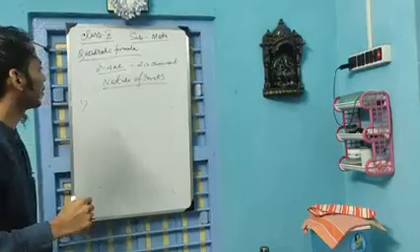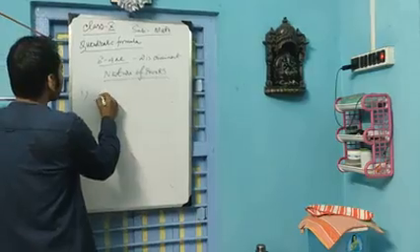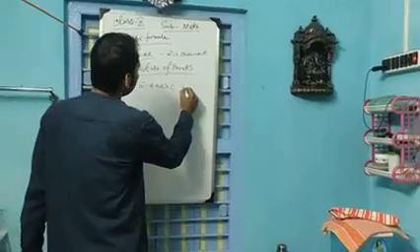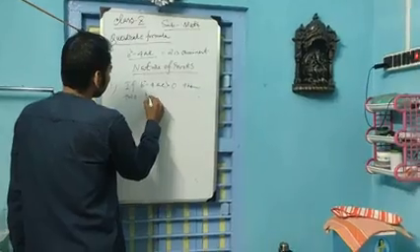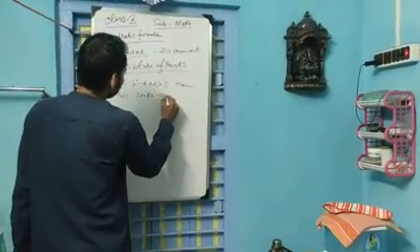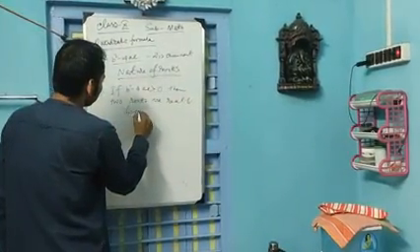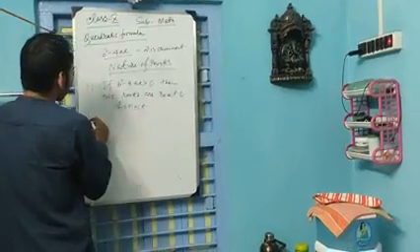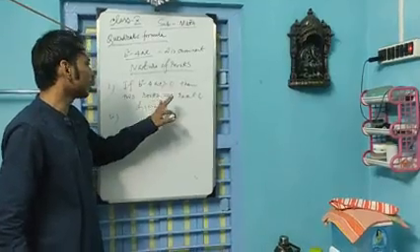I am writing here three cases. First of all, if b² - 4ac is greater than 0, then the two roots are real and distinct.